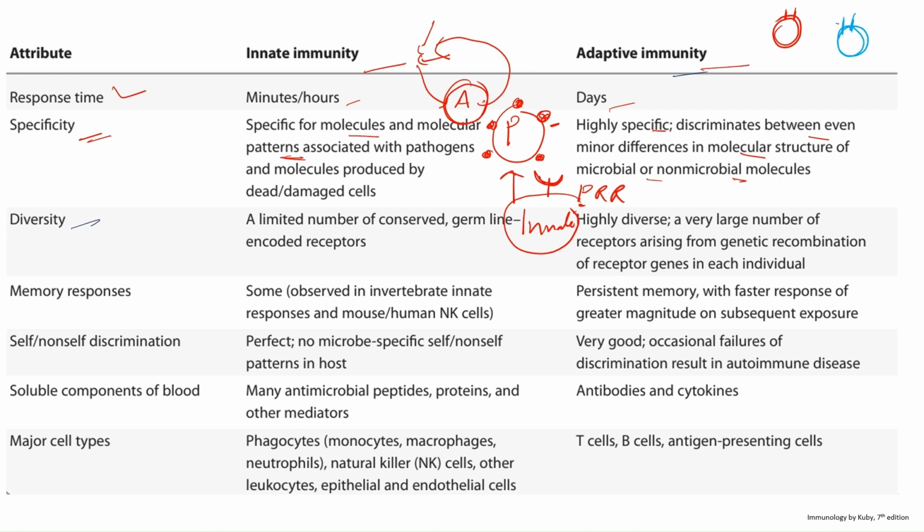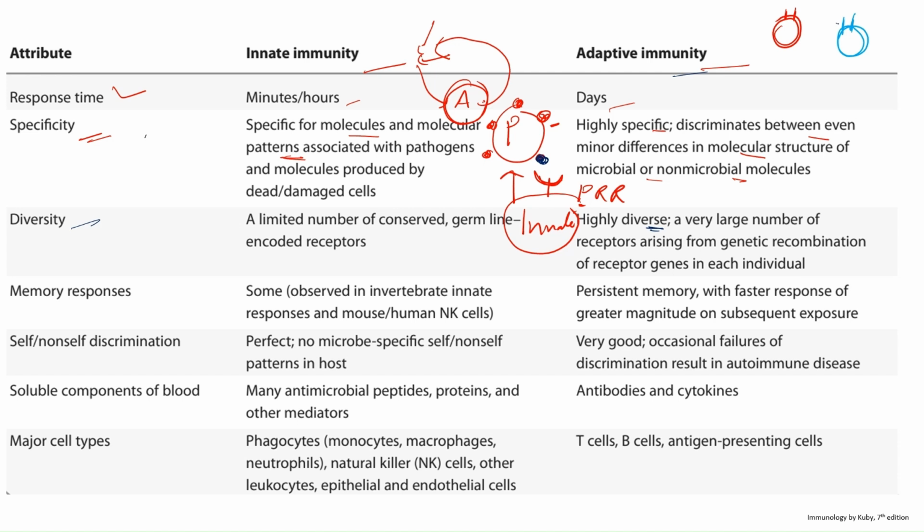Now coming to diversity. The innate immune system identifies antigens or pathogens by general patterns, whereas the adaptive immune system is highly diverse.